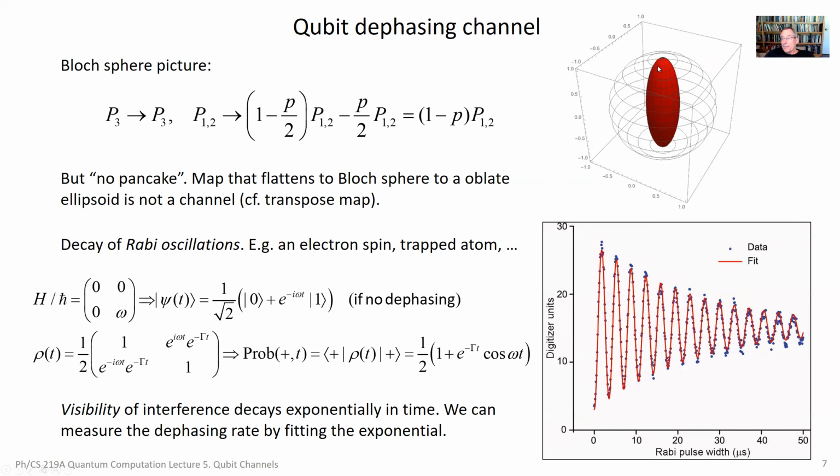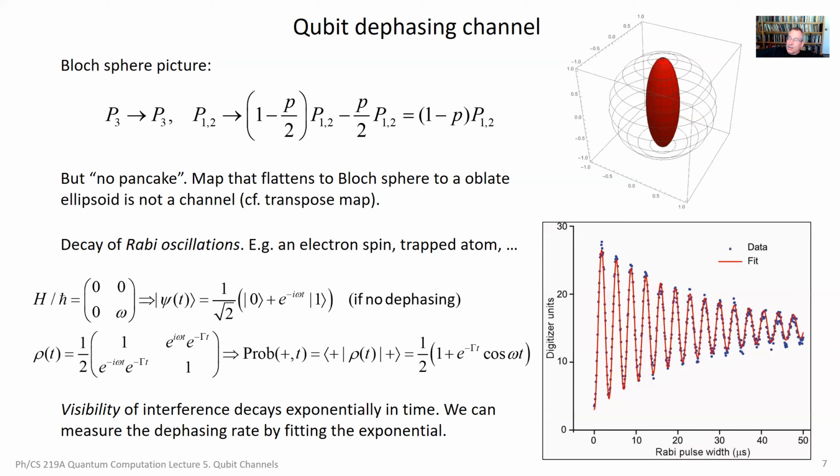So visually, what's happening is that along the z direction, the polarization is unaffected, but in the X and Y directions, it's deflating. And so it becomes a prolate ellipsoid, kind of a football shape over time.